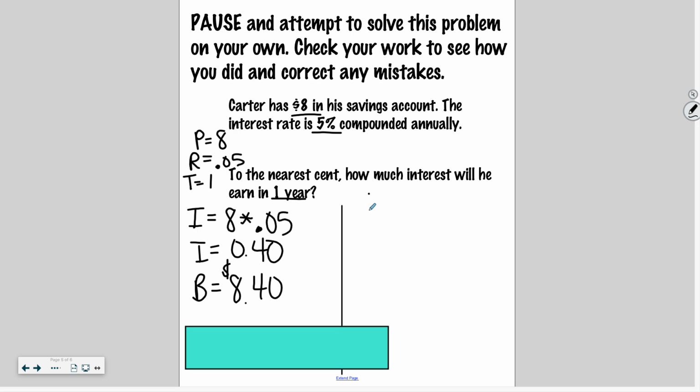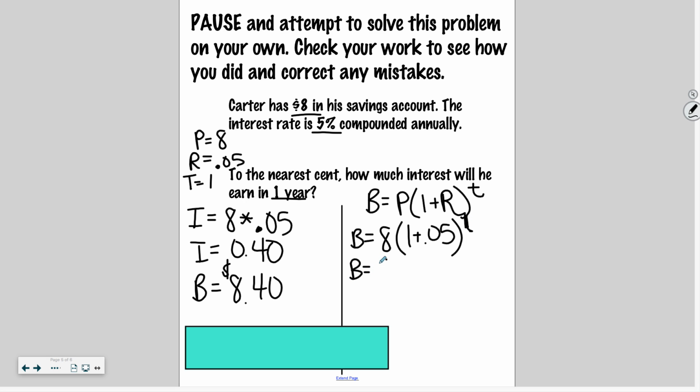Let's check over here with our B equals P times 1 plus R to the T. My balance equals 8 times 1 plus 0.05 to the T, which is just 1. I don't even have to write 1, to be honest with you, but I'm going to do that for you in this case.